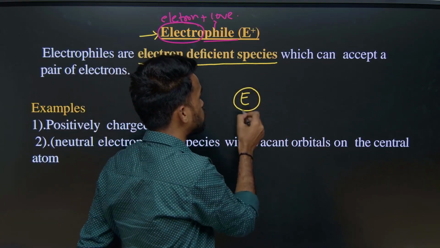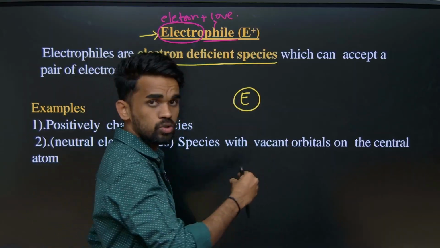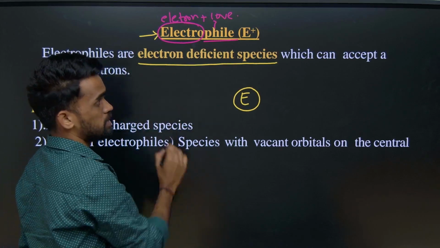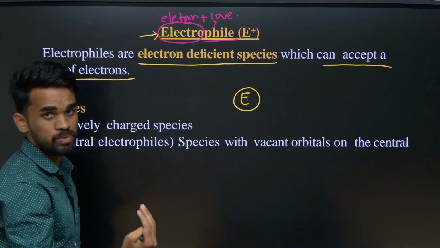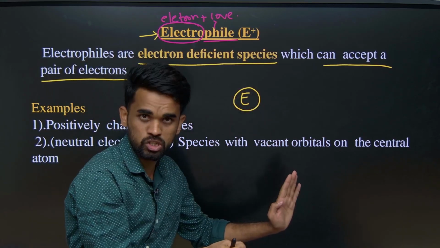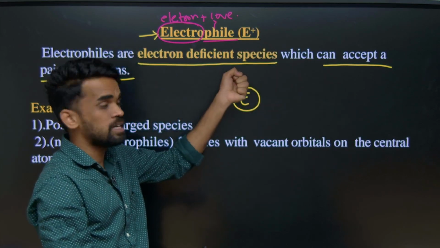We can call those kinds of species electrophiles. So an electrophile is an electron deficient species which can accept a pair of electrons from others.